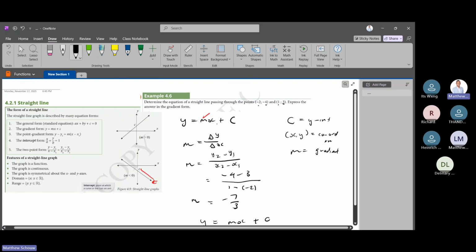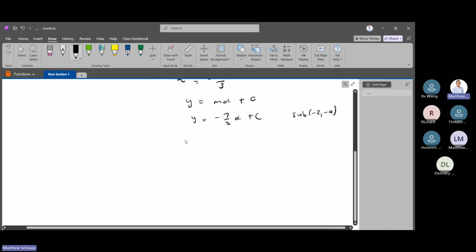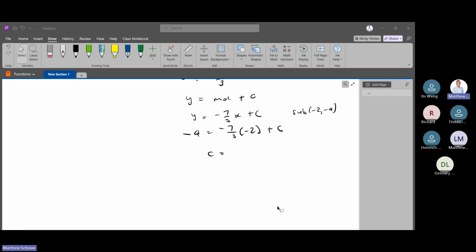So that is a y value, right? -4 comes in here. That's -7 over 3. We put in -2, and now we have to find c. Can anyone get a c for me quickly? You should get the same value either way. I believe it's 2 over 3.